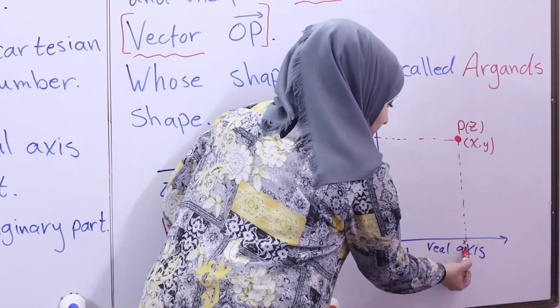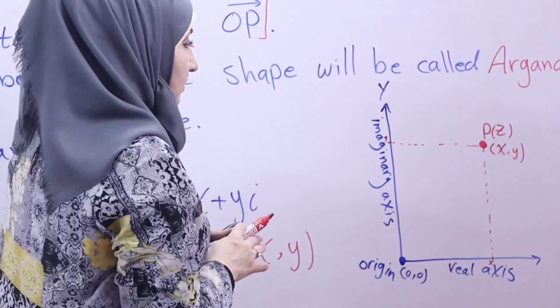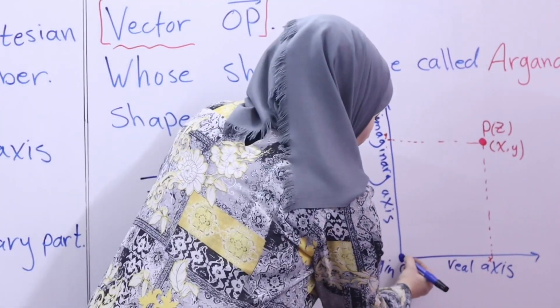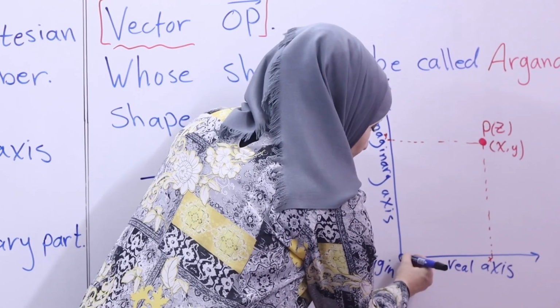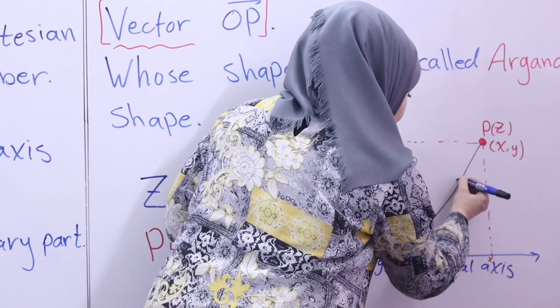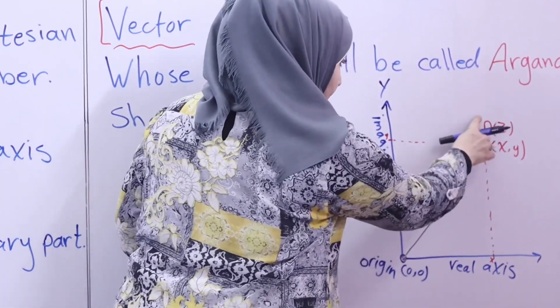X represents the x coordinate and y represents the y coordinate. So if we connect between the origin and the point P of Z, we will get the vector OP.